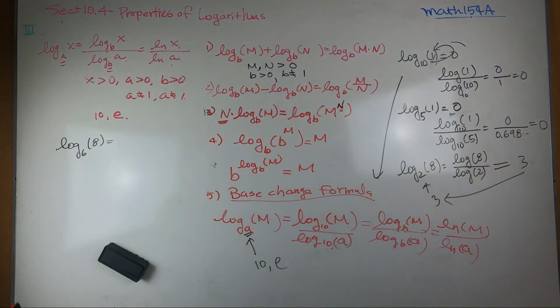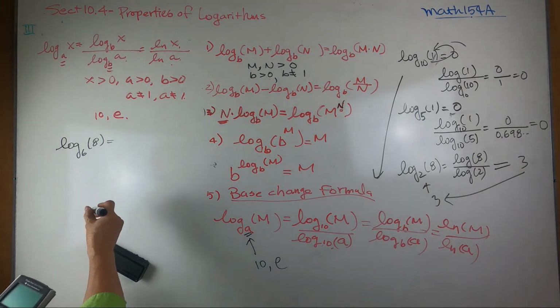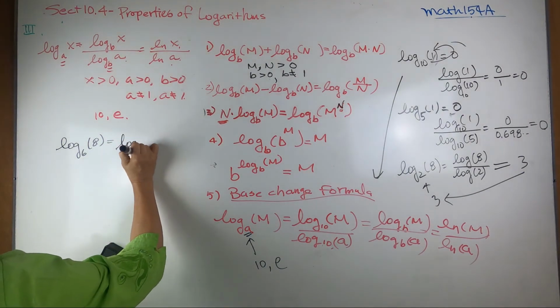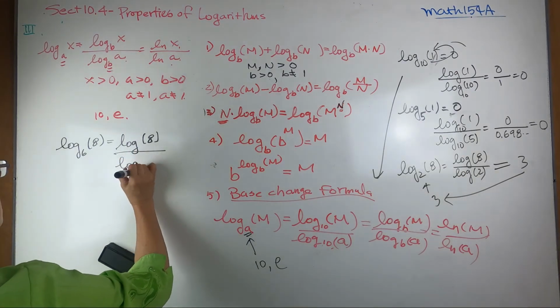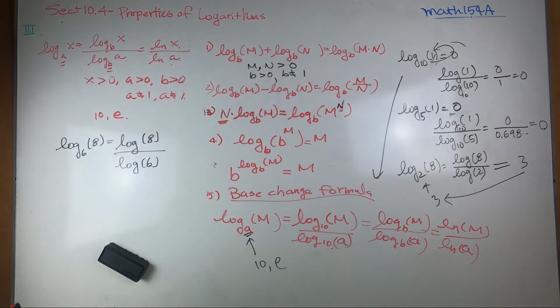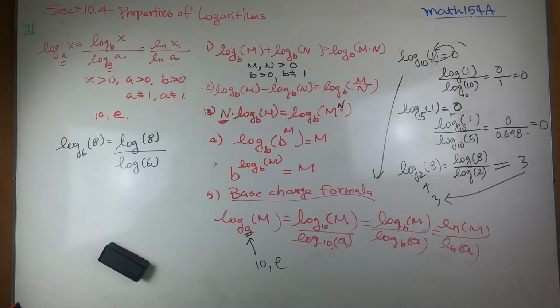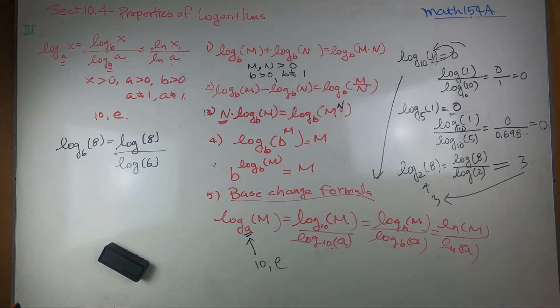But in the meantime, if we are just doing practice, we use at least 4 decimals. So you don't have log base 6 on the calculator. So how do we find the answer? We use what? Log 8 over log 6. Right? Then how do we find the answer?